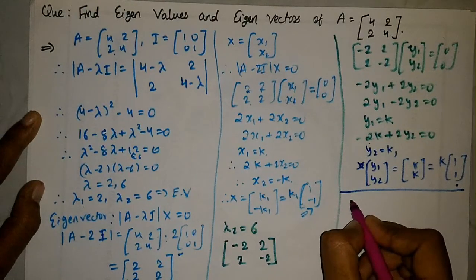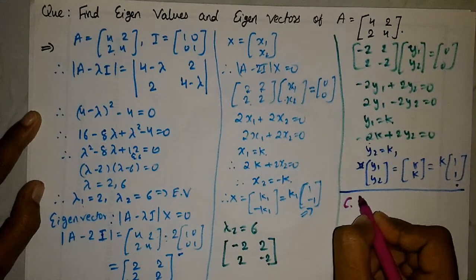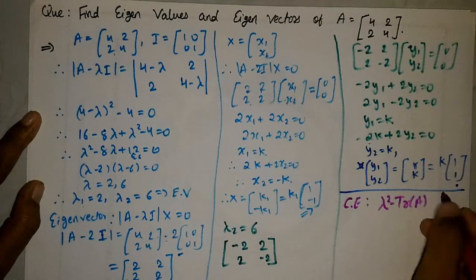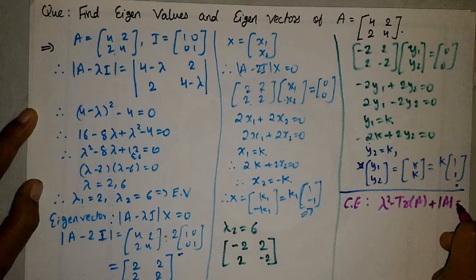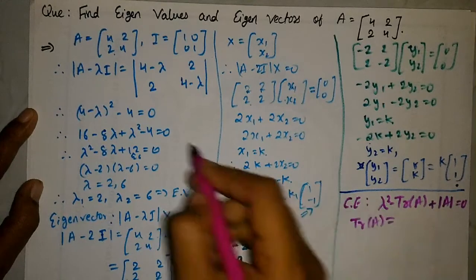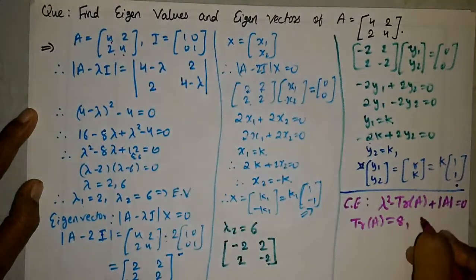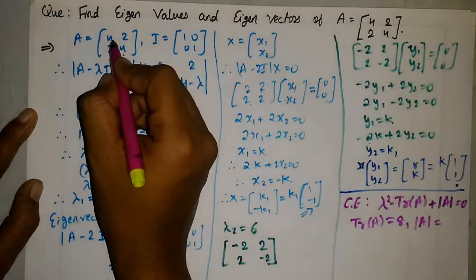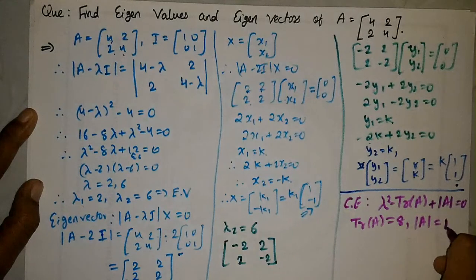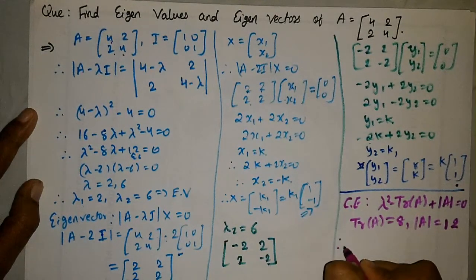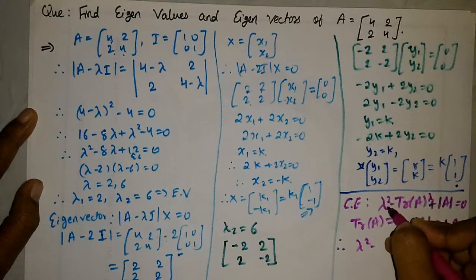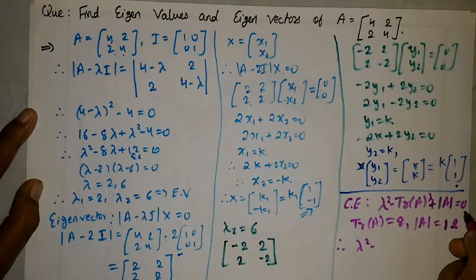If it is a 2 by 2 matrix, then we can write the characteristic equation as lambda square minus trace of A into lambda plus determinant of A is equal to 0.